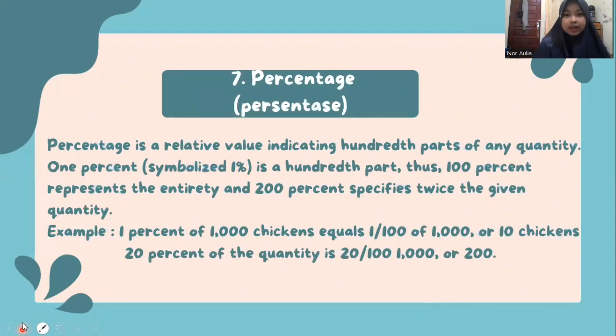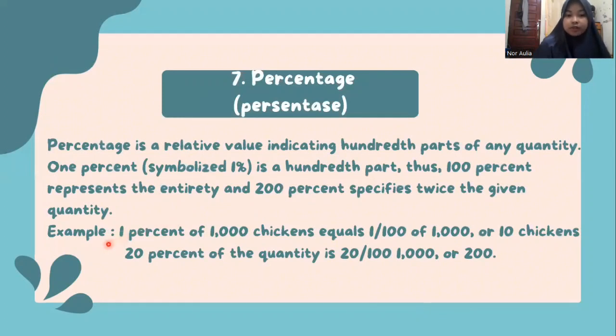Number 7 is percentage, or in bahasa we can say persentase. The definition: percentage is a relative value indicating 100 parts of any quantity. 1% is 1 part in 100. Thus, 100% represents the entirety and 200% specifies twice the given quantity.